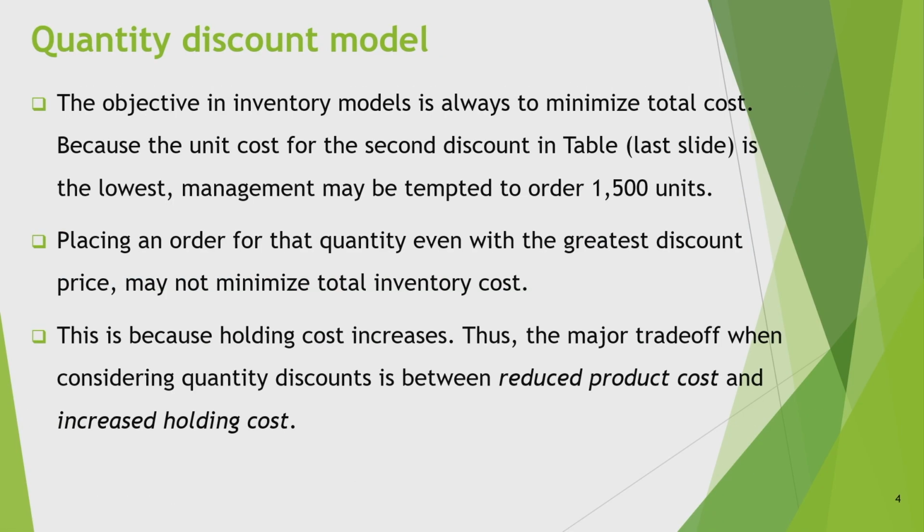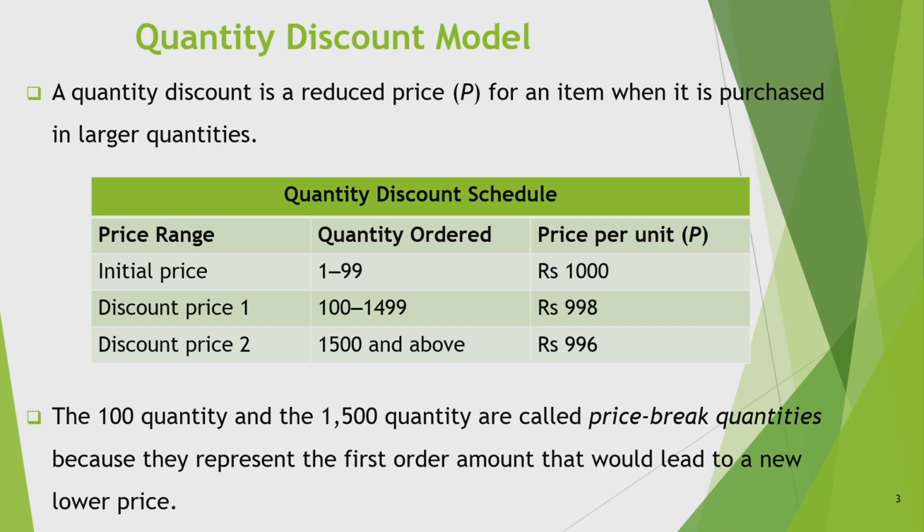The objective in inventory models is always to minimize total cost. Because the unit cost for the second discount in the table is the lowest, management may be tempted to order 1500 units. People may think that if I purchase 1500 units, naturally my price will be much lower, 996.